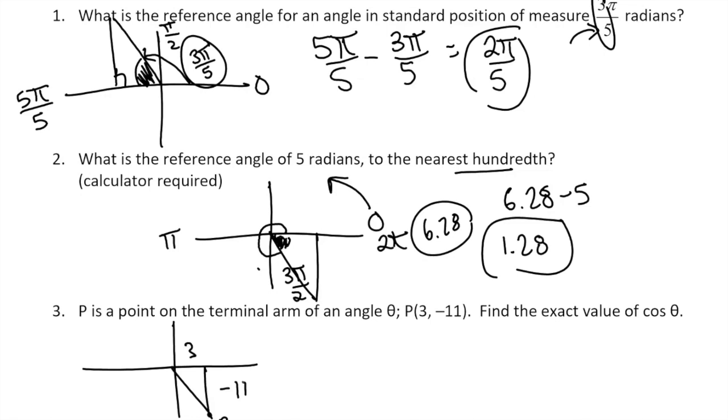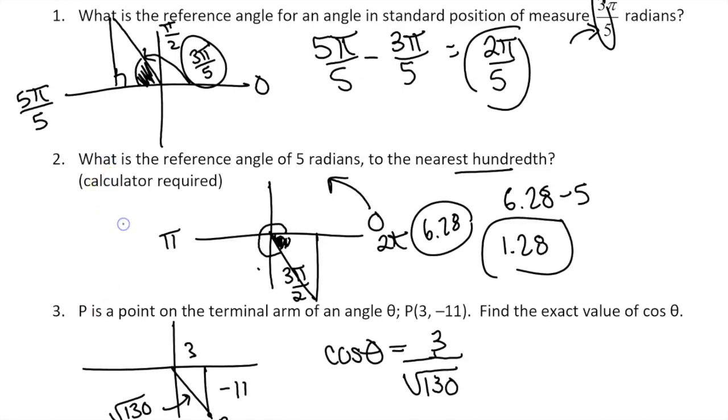So we need to do Pythagoras with the 3 and the 11: 3 squared plus negative 11 all in brackets squared, which eventually gives a hypotenuse of root 130. Cosine is adjacent over hypotenuse, and because we're in quadrant 4, cosine is a positive ratio.